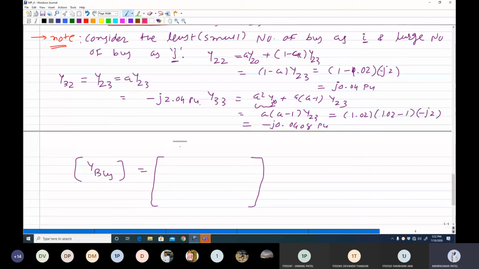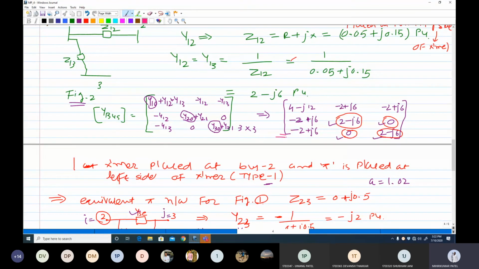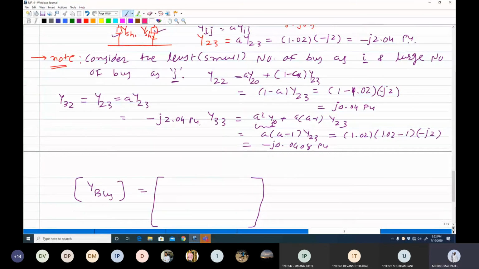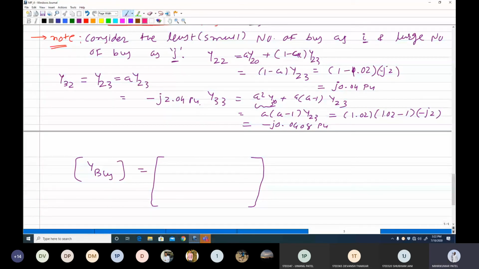Just see, we have derived this matrix without the transformer, and now after introducing the transformer between bus number 2 and 3, we will calculate these 4 elements again. So now what is the final value or final answer?